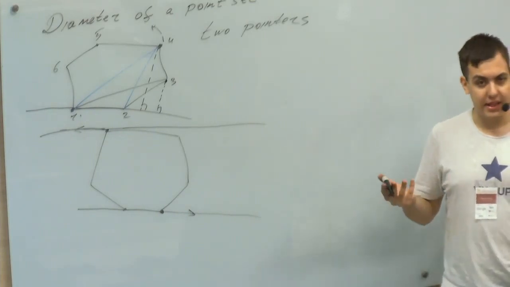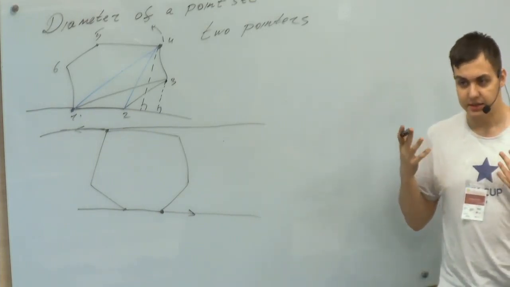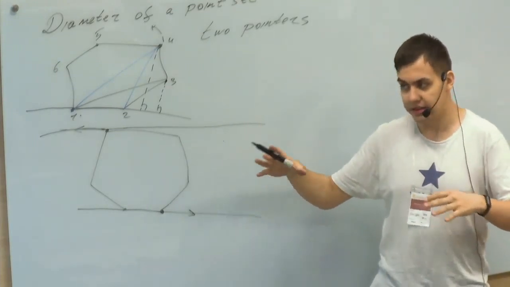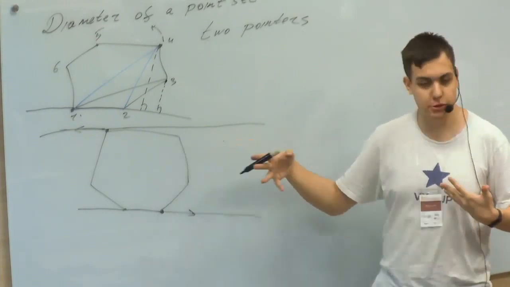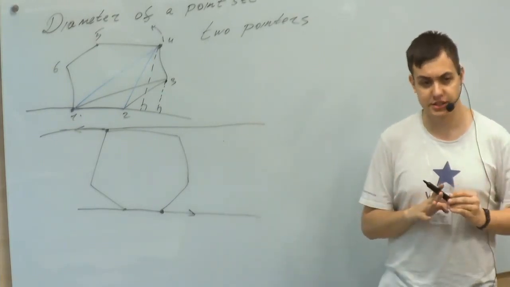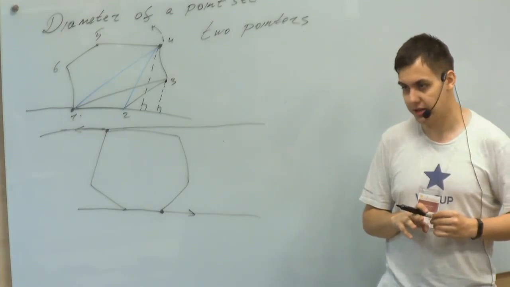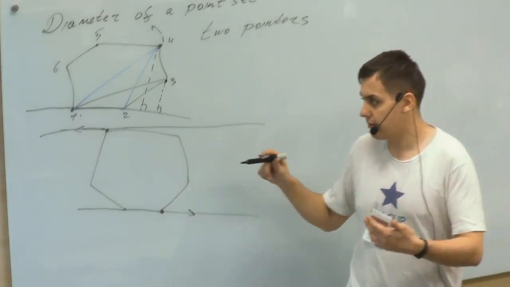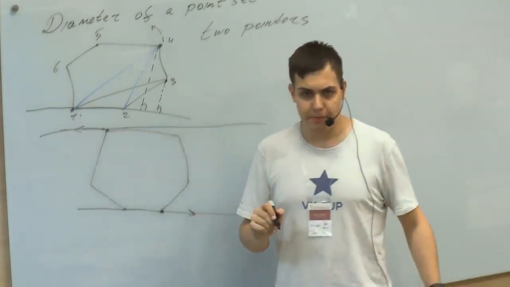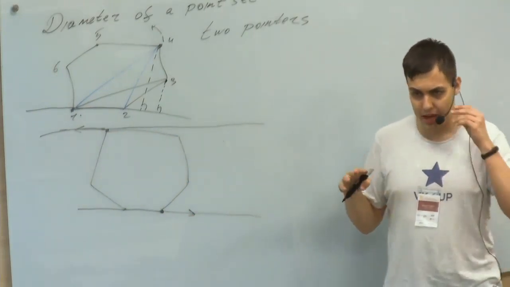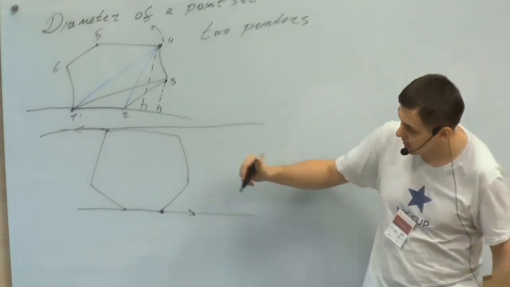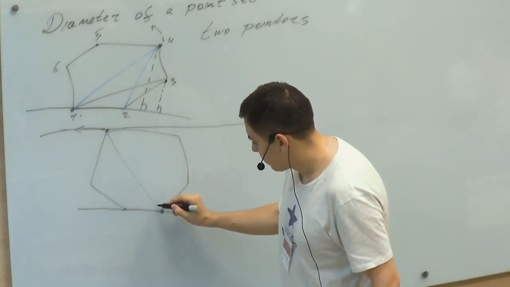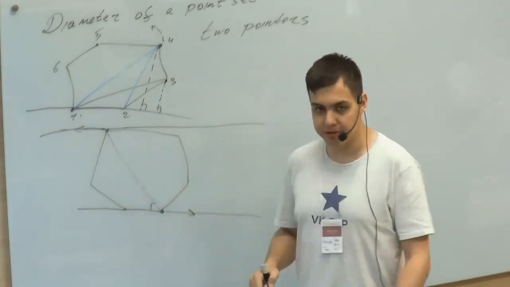For example, finding the diameter is the same as finding the largest distance between these two parallel lines. And this will happen when two lines are based on some point, and this angle should be the right angle.